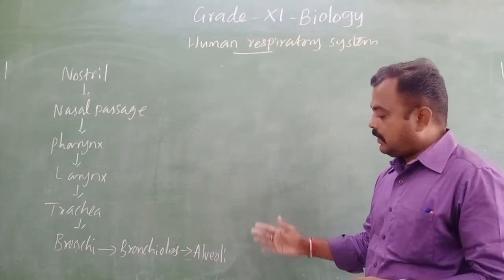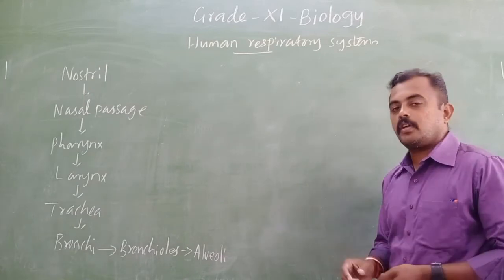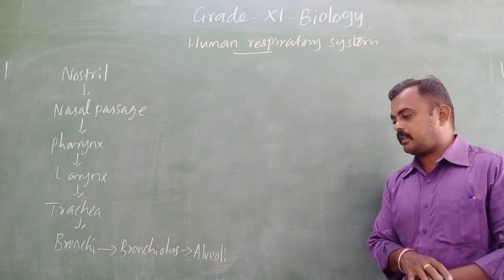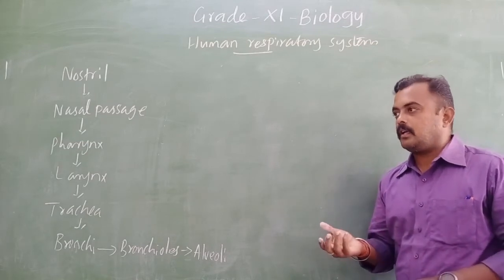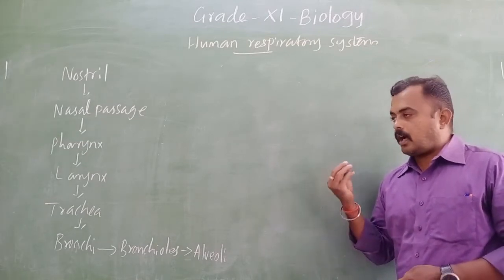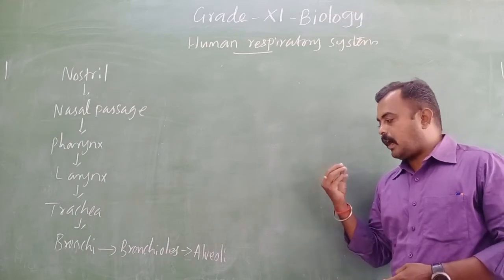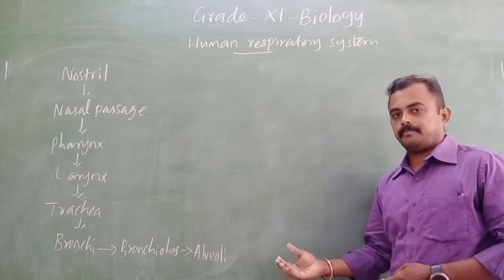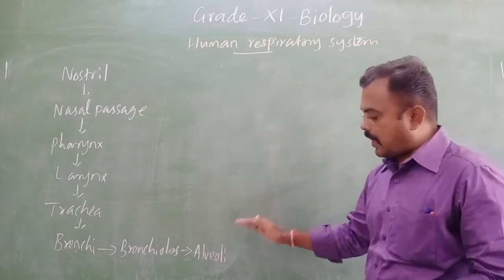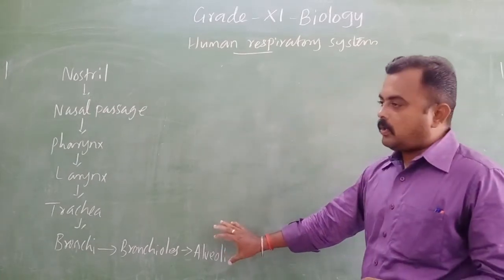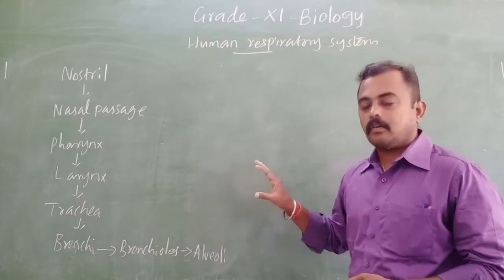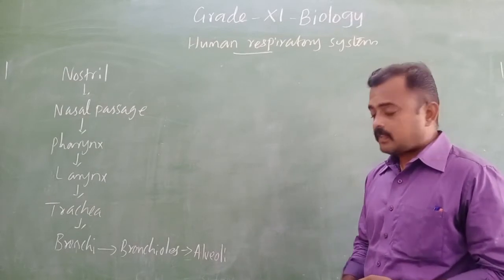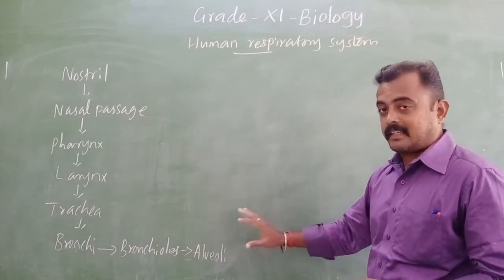Then it reaches the tissues. In tissues, respiration happens, and then carbon dioxide is released. That carbon dioxide is again taken by the blood and reaches the alveoli. The alveoli are the gaseous exchange location; only here does the exchange of gases happen.